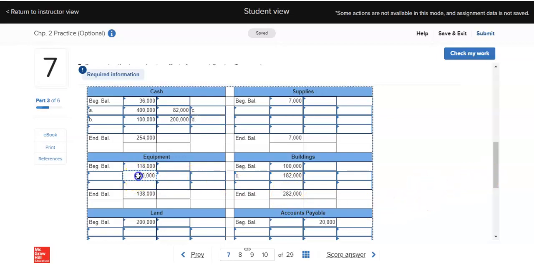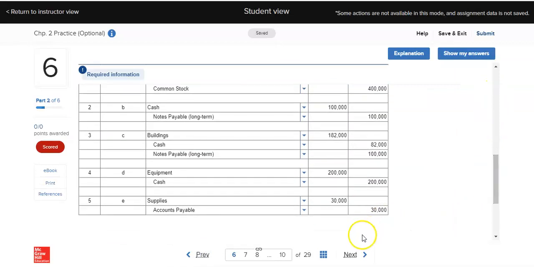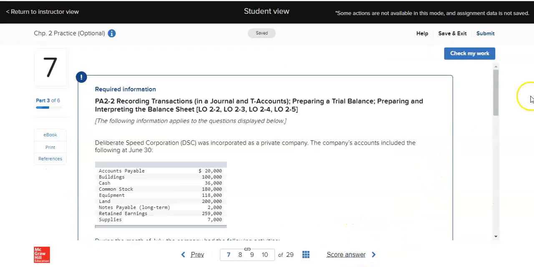Oh, let me correct that here. 200,000. Okay, and in our final transaction, in transaction E, we go to the supplies account and put 30,000 on the debit or left side, then go to accounts payable and put 30,000 on the credit or right side.